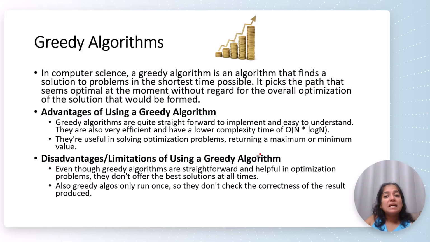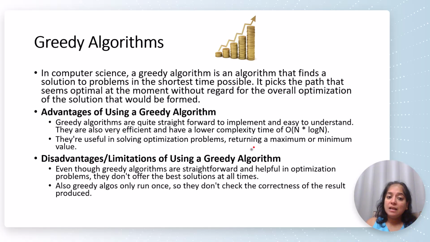Greedy algorithms are a category of algorithm that try to find the solution of a problem in the shortest possible time. So it picks the path that seems optimal at that current moment. A greedy algorithm does not check for the overall optimization; it just finds the optimization in the current scenario, right?